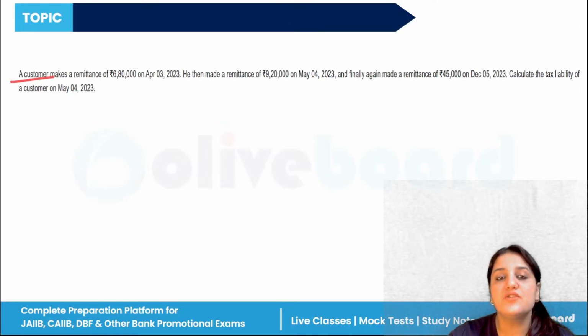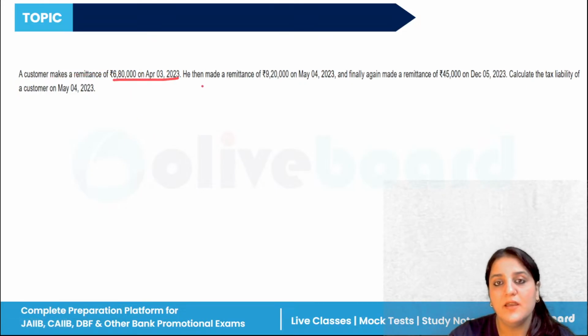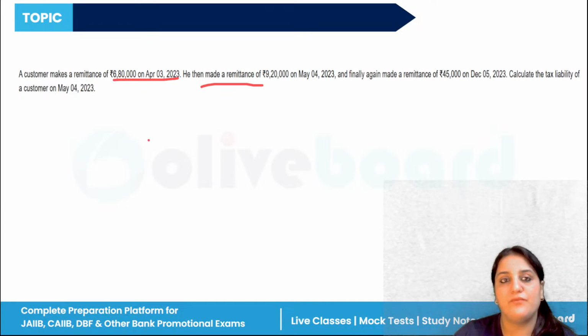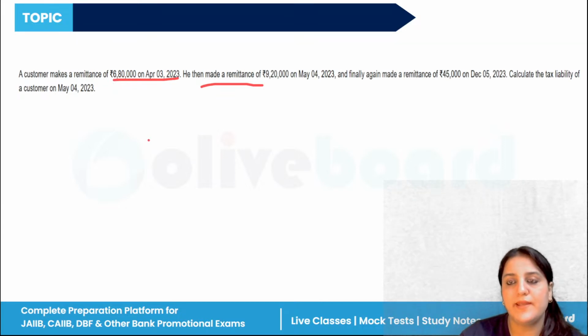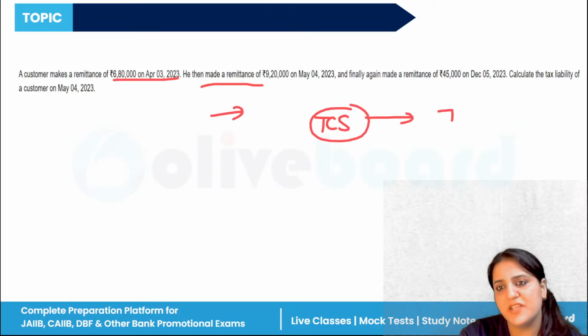So here the customer made a remittance of this amount in April 2023, and he made a remittance again, so we have to calculate the tax liability. See, one more important update: the 10% TCS rates are changed. I think they become 7 lakh to 10 lakh now.